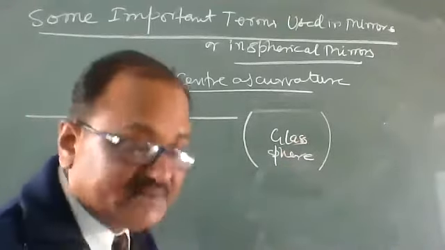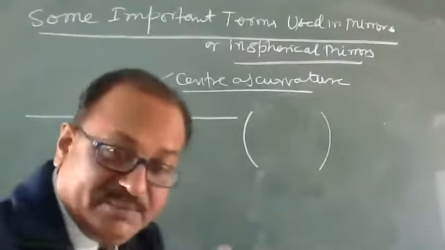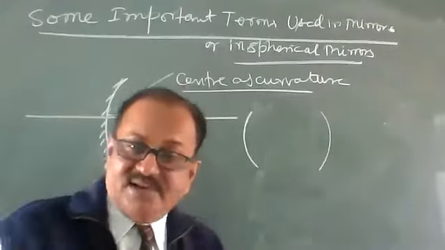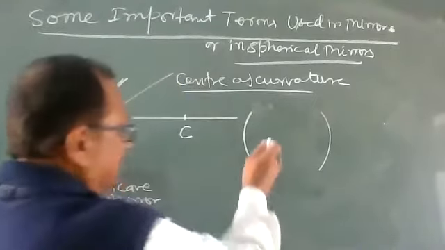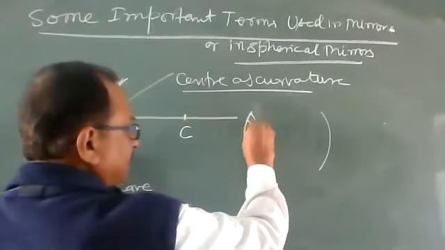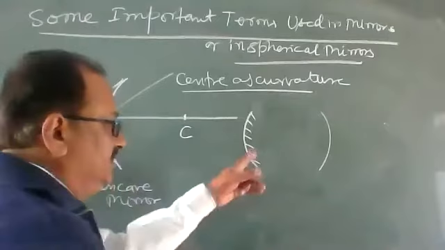Now how do we get the mirrors? I am explaining how mirrors and lenses are prepared. If we mark this, which side is this?